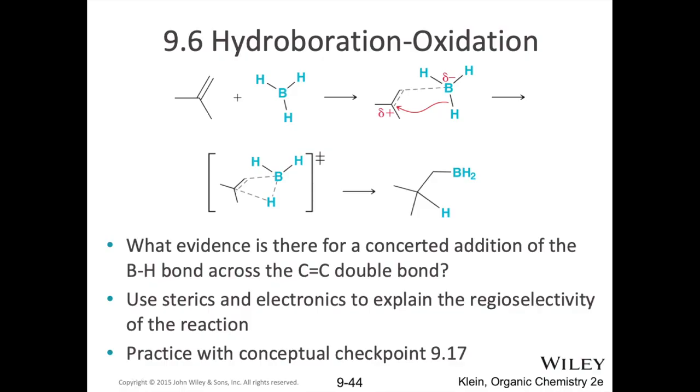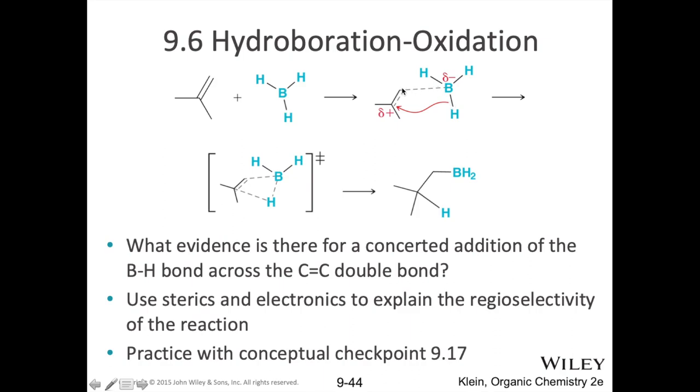Now, what does this transition state look like, right? What does this intermediate look like? So basically, you can see here that we have this sort of partial positive charge forming on this carbon. Okay, so again, this is why the boron adds to our less substituted side.